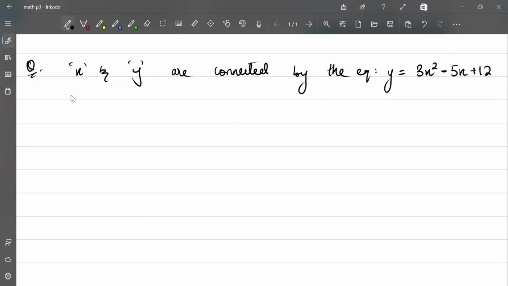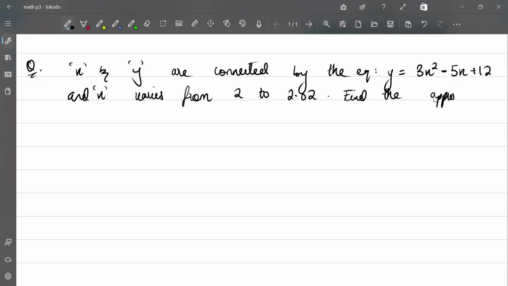All right. And x varies from 2 to 2.02. Find the approximate change in y.